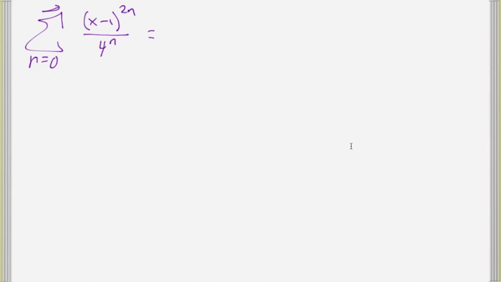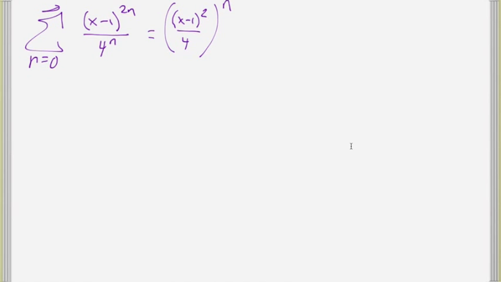What's a faster way of writing 3 times 3 times 3 times 3? 3 to the n. So both of these have a power of n on them, so I can write it as the whole thing to the power of n.